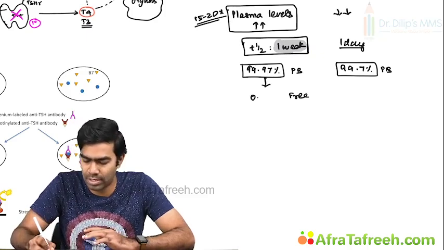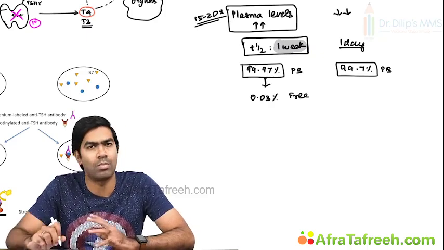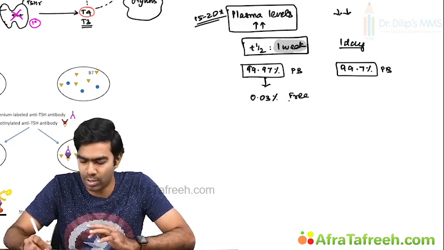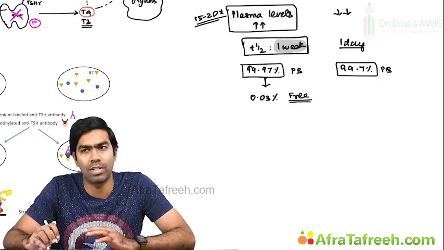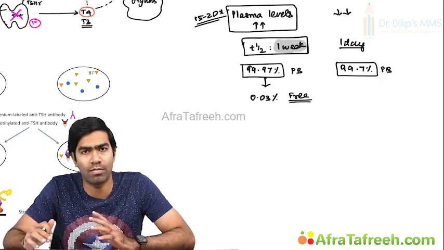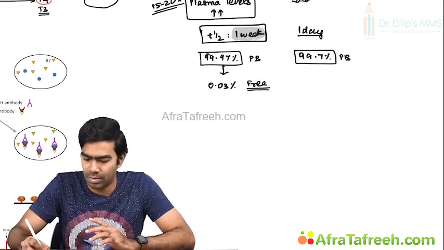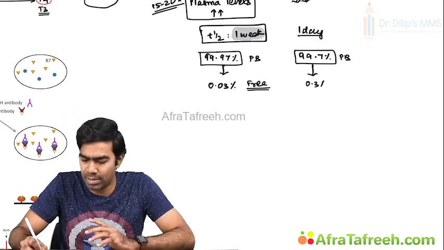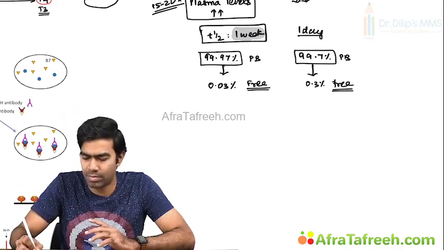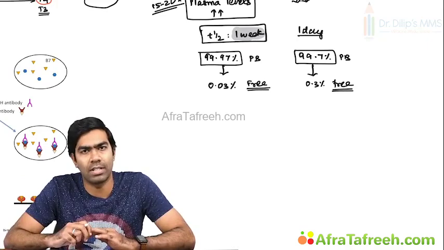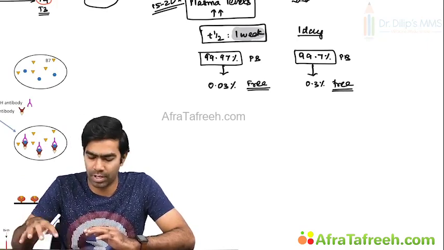So 0.03%, some books say 0.02 or 0.03%, of T4 is in the unbound form, which means the majority of them are circulating in the bound form only. Clear? Whereas for T3, 0.3% is in the free form, and the remaining is in the bound form only. Fine.